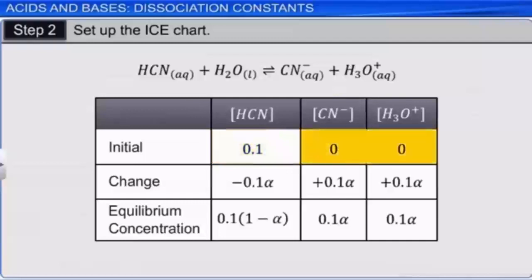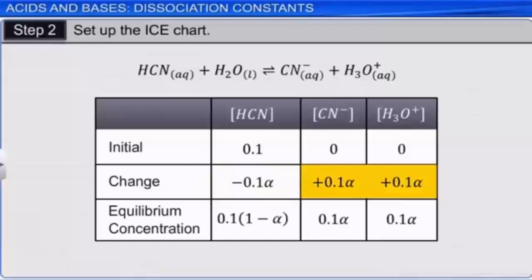Since the reaction is yet to happen, the change in concentration on proceeding to equilibrium in terms of alpha is -0.1 alpha for hydrocyanic acid and +0.1 alpha each for CN- and H3O+ ions.